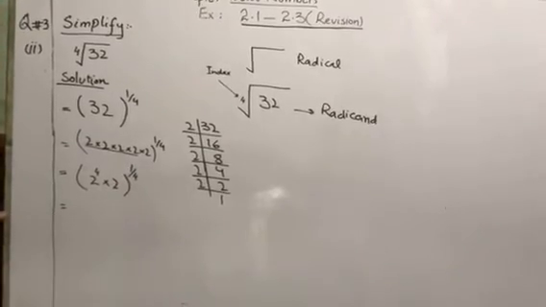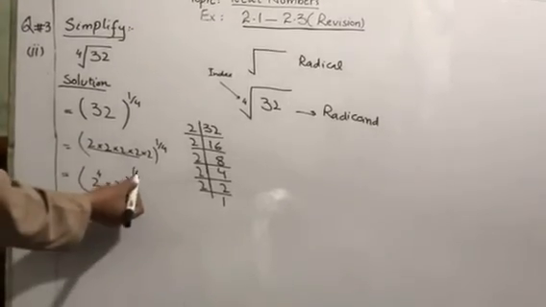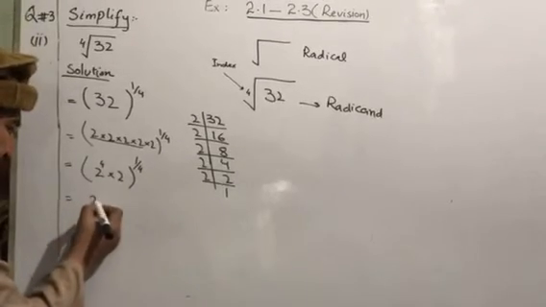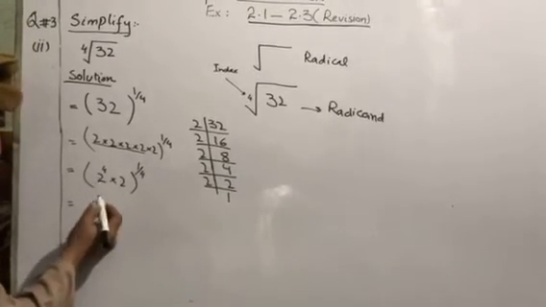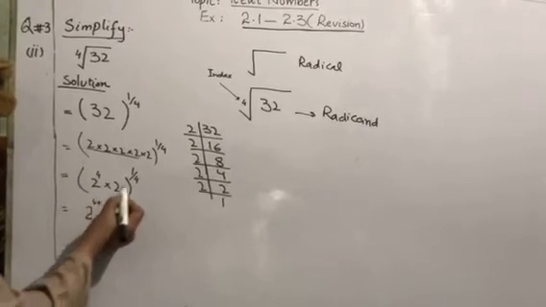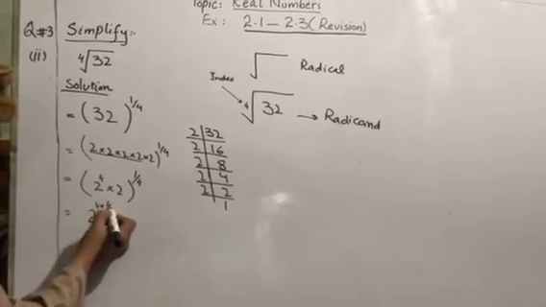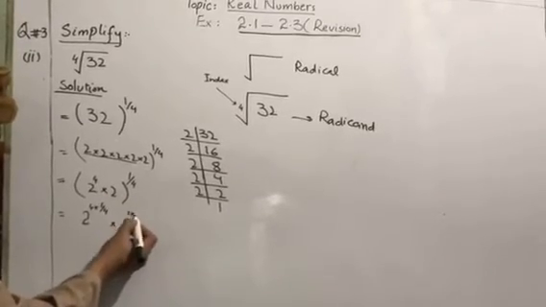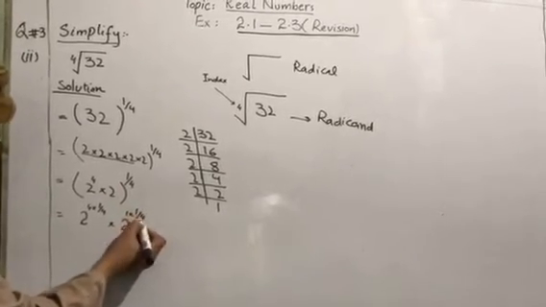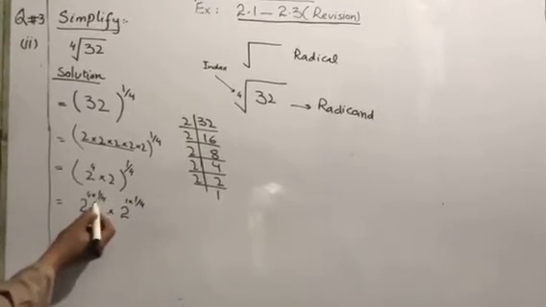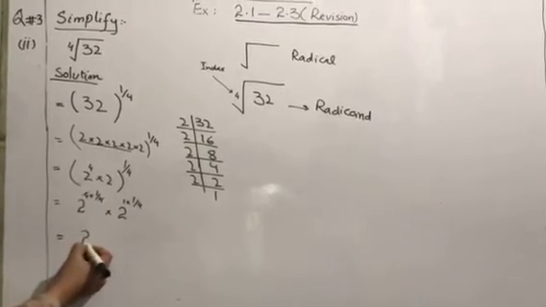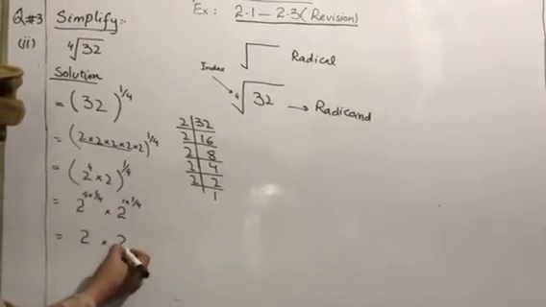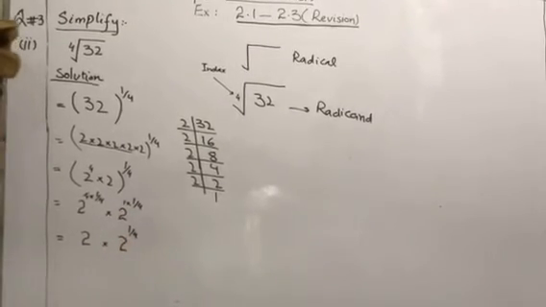Using the law of exponents, the 1 over 4 exponent will multiply by every base exponent. So 2 raised to power 4 will multiply by 1 over 4, and 2 raised to power 1 will multiply by 1 over 4. If we simplify, 4 will cancel out 4 and we have 2, and it becomes 2 raised to power 1 over 4.